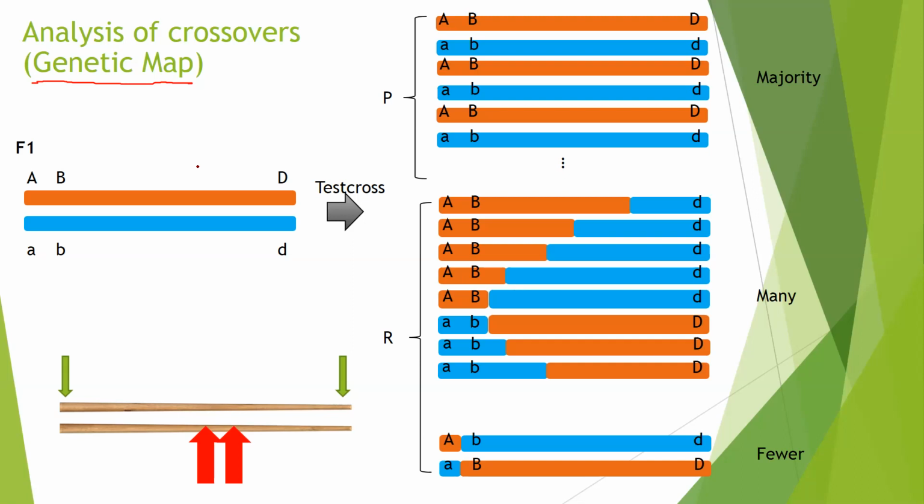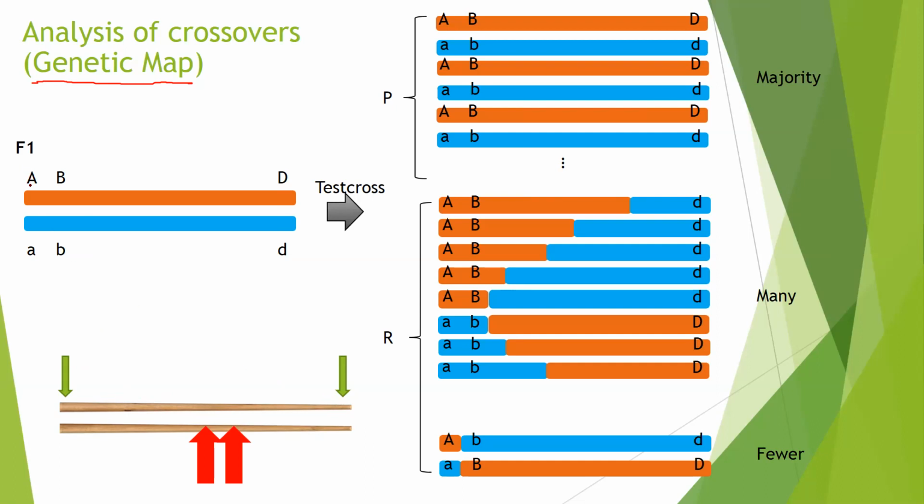Based on our experience, breaking the chopstick by holding the two ends is easier, because the distance between the two holding positions is far. That means you don't need to use a lot of force to break it. This is physics, but we can use this principle for crossing over, the recombination between the two homologous chromosomes.